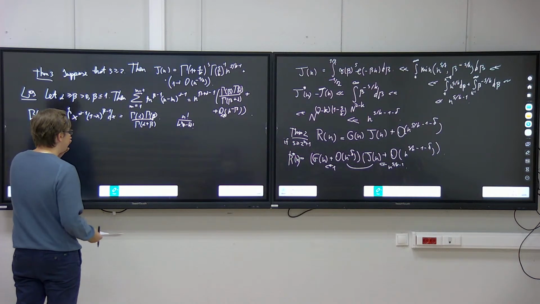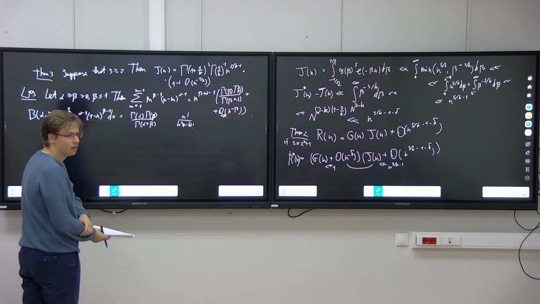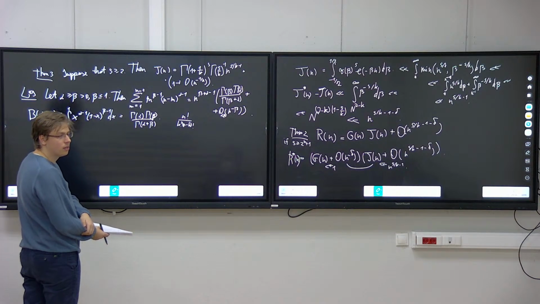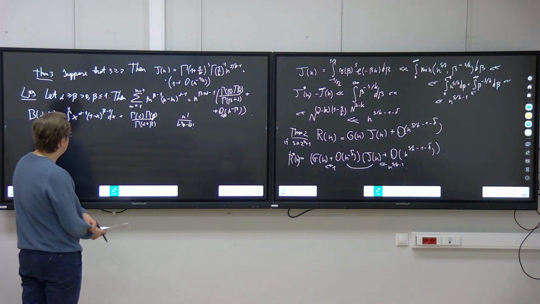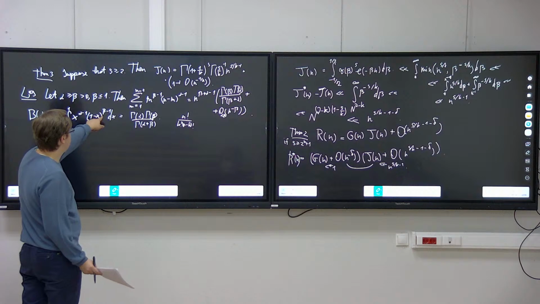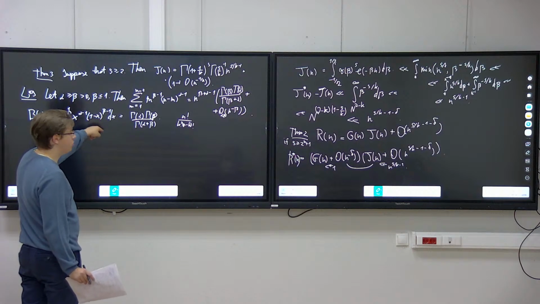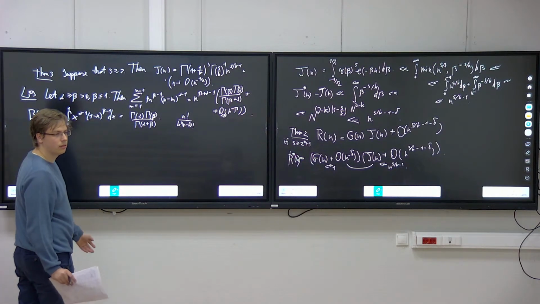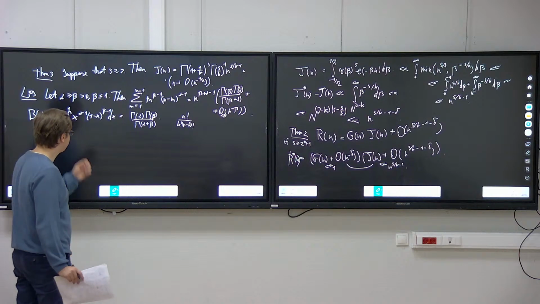Is there anything actually connecting binomial coefficients with the beta function? Probably not. If beta and alpha are natural, you can open brackets and that's something.